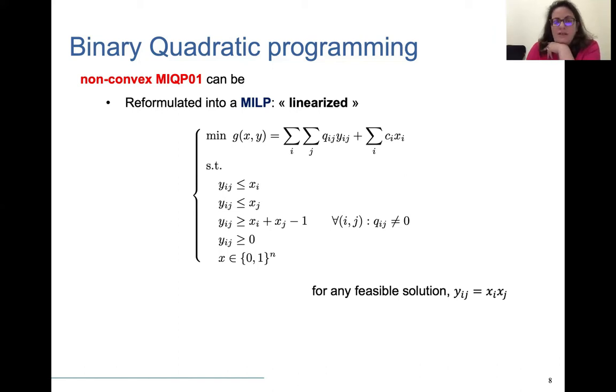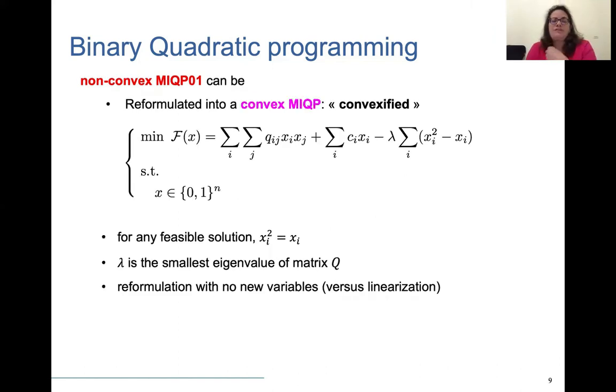So this is linearization. Convexification consists in transforming the quadratic form in order to make it convex. And here it is very easy because you can add those terms to your function. Those terms are equal to 0, in fact, in any feasible solution, just because your variables are binary, and so squaring the variable is equal to the variable itself.